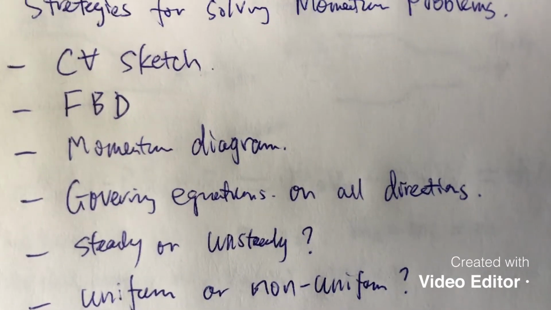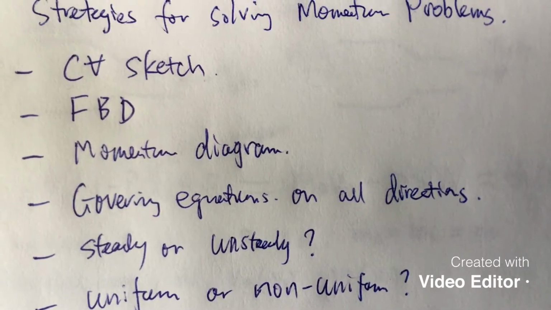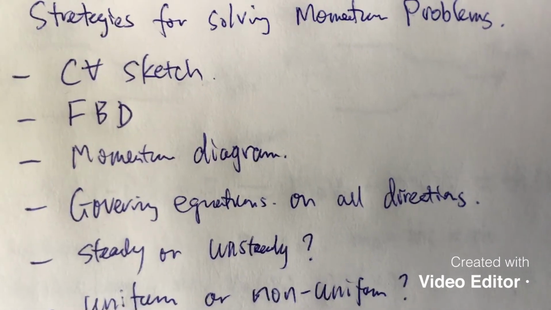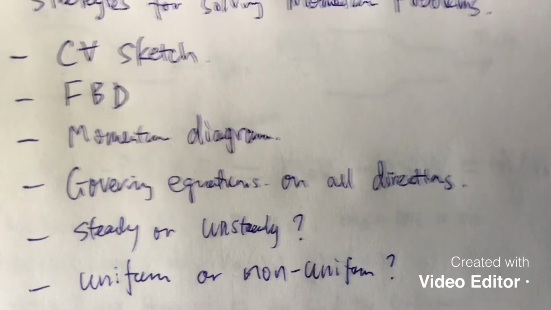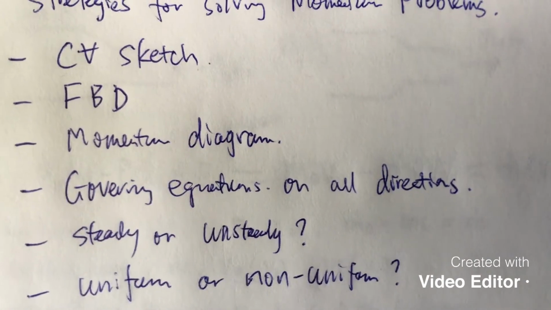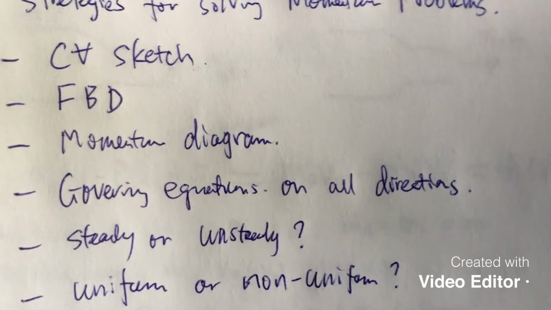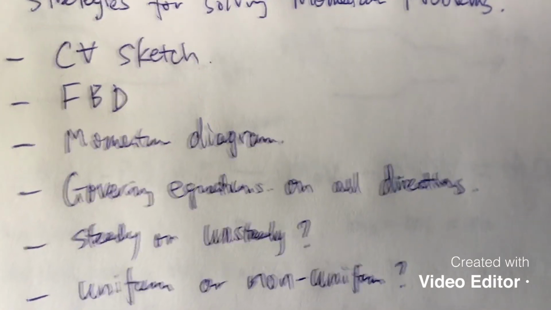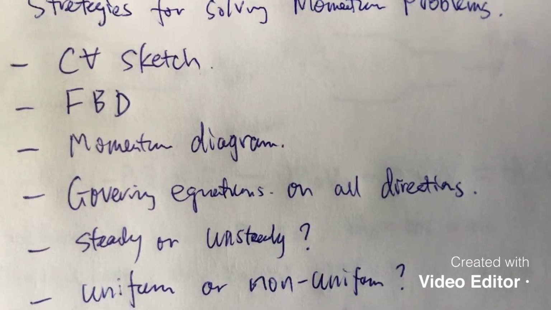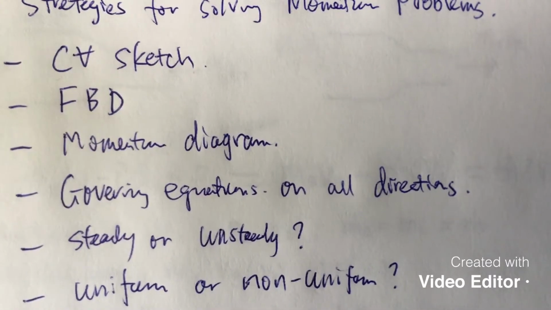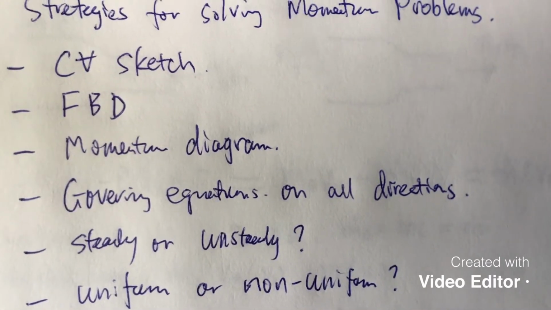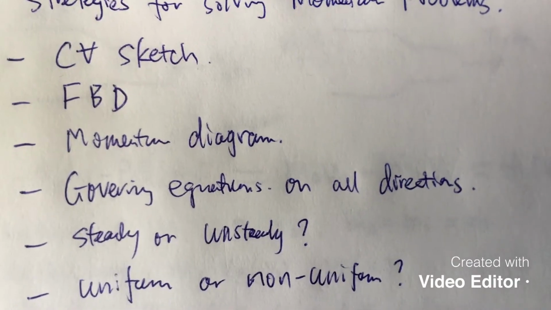Momentum is also a vector, so you can freely use arrows. With these diagrams, you put an equal sign between them, then you can write down the governing equations. For the free body diagram, you write the expression for the summation of force. For the momentum diagram, you write the expression for the momentum out minus momentum in.